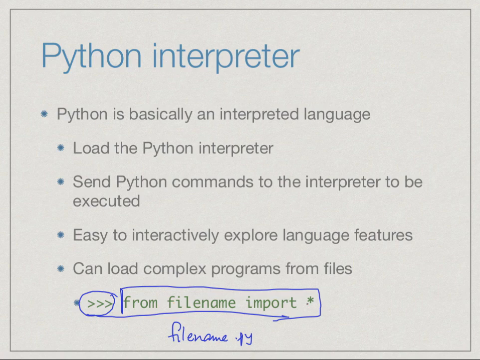From that file, import all the definitions and functions and code that's written there. This will tell the interpreter to take everything that's written in that code and put it into its current environment so that those functions can be used. These things will become a little clearer in the demo that I'm just going to show you, and then you can play around with this, and in the next week we will get into the real details about exactly what goes into a Python program.